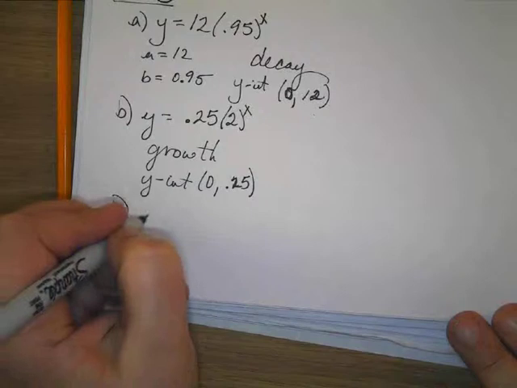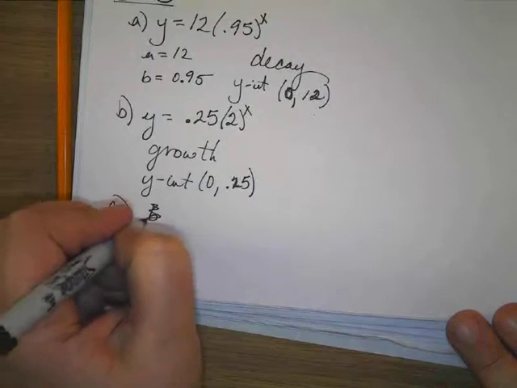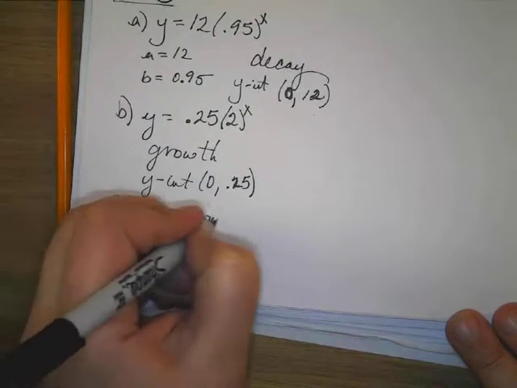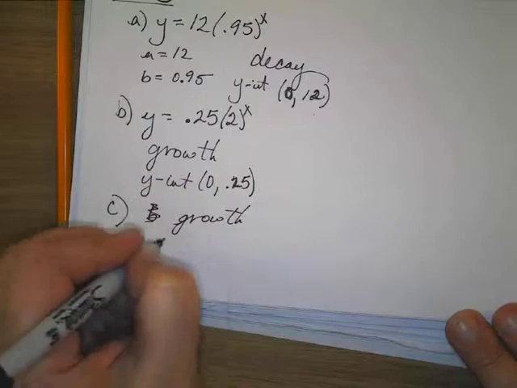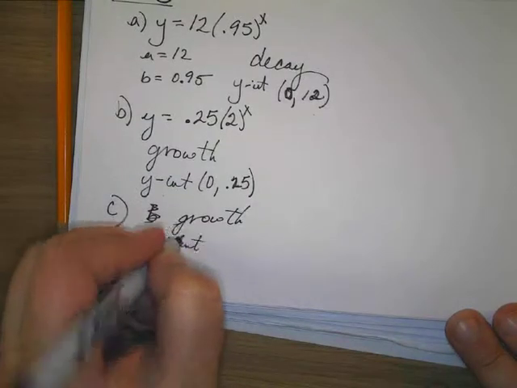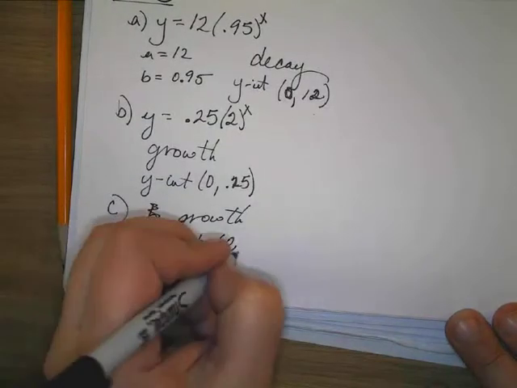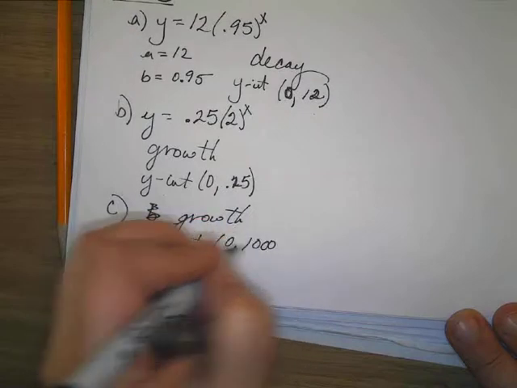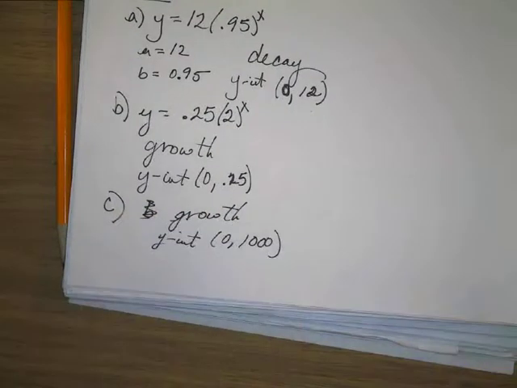We don't even need to know the b value. We just need to know it's a growth because it's getting bigger. And our y-intercept is what we started with. So we started with $1,000. We're actually going to learn how to take a story problem like that and write an equation for it.